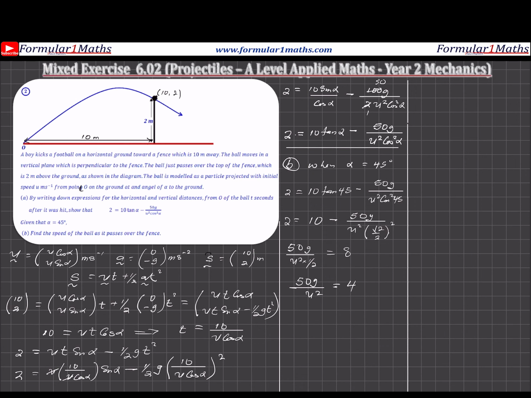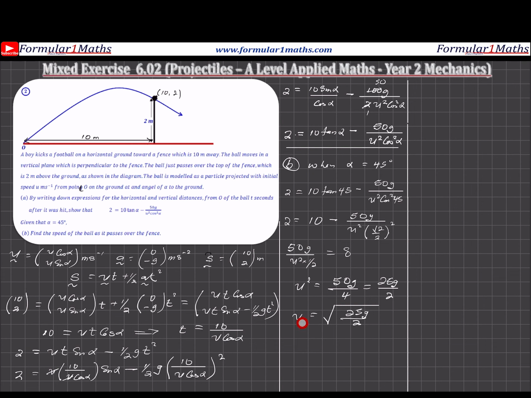So I can solve for u now. u squared is equal to 50g over 4, which is also the same as 25g over 2. So u will be equal to the square root of 25g over 2.